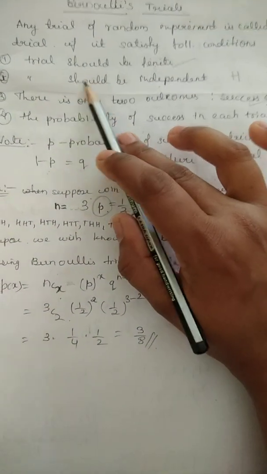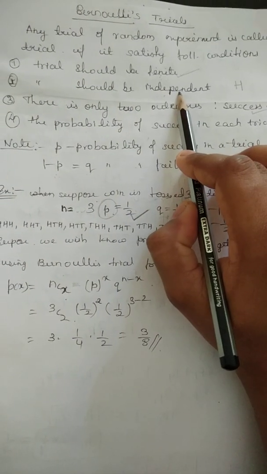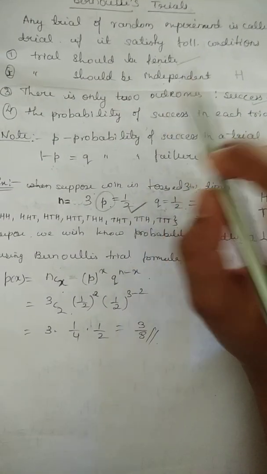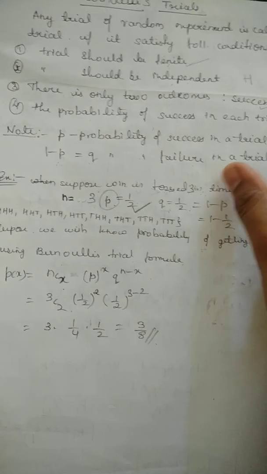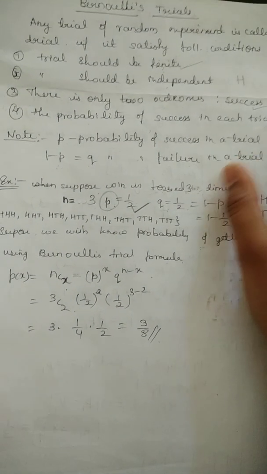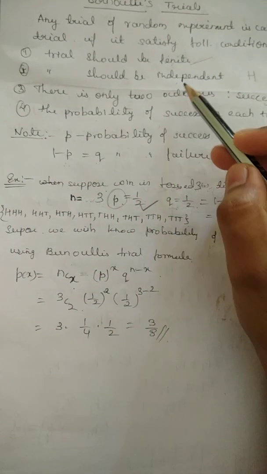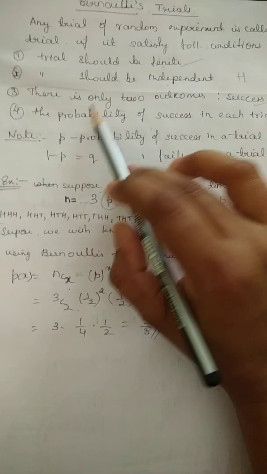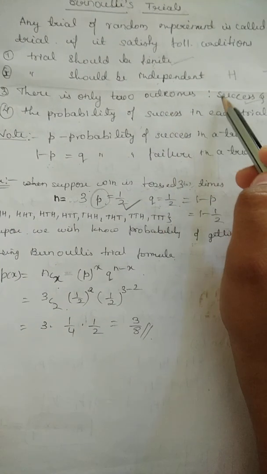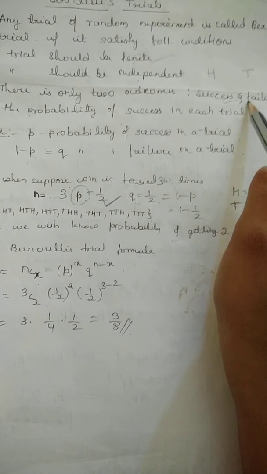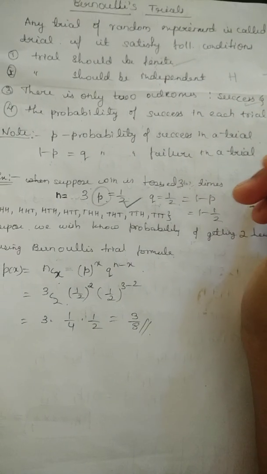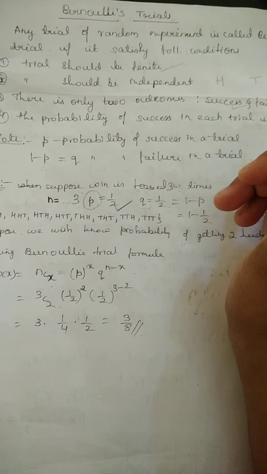Now the second one, trials should be independent. When you toss a coin, you may get head or tail. It means they are independent. There are only 2 outcomes, success and failure. When you toss a coin the first time, you may get head.